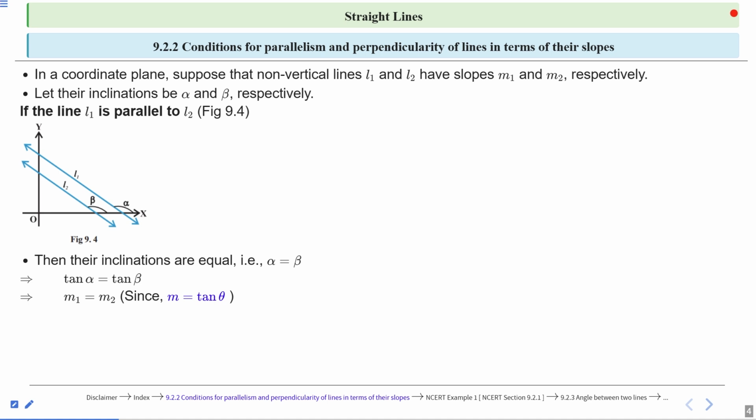The slope of the line L2 is M2, and M2 is equal to tan beta, since the inclination of the line L2 is beta. We know the slope formula, m equals tan theta, so slope is nothing but the tangent of an angle theta, where theta is the inclination of the line. Therefore their slopes are equal. So we first supposed L1 is parallel to L2, and then we have shown their slopes are equal.